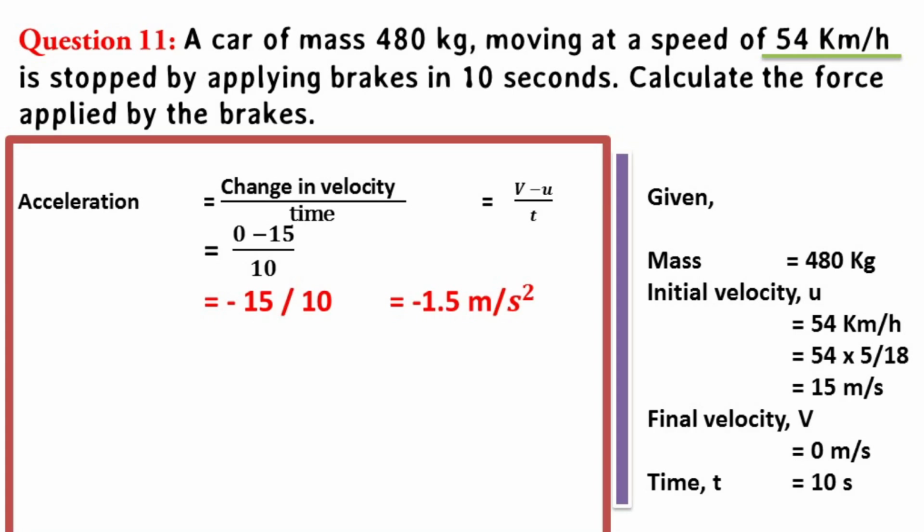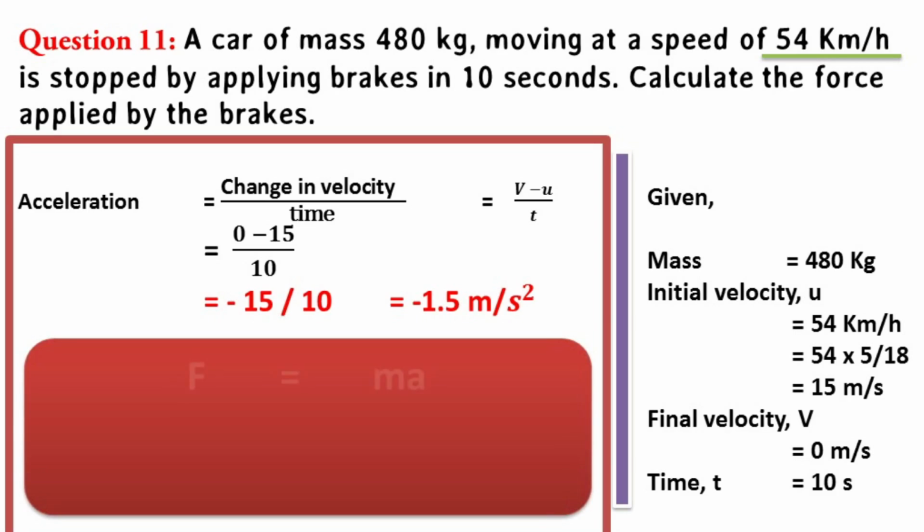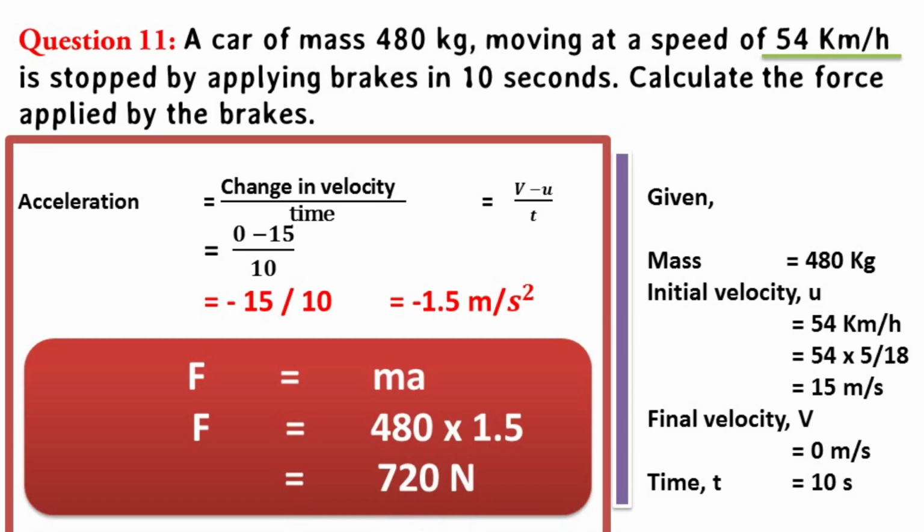Here the negative sign indicates retardation. Now to find the force applied by the brakes, F is equal to ma. Substituting the values, 480 multiplied by 1.5, which is equal to 720 Newton. So the force applied by the brakes is equal to 720 Newton.